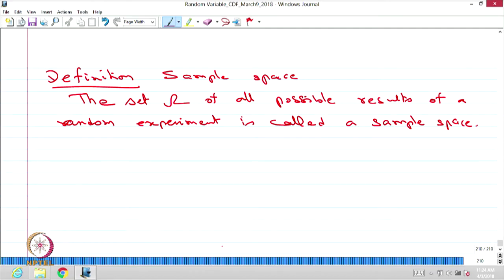The sample space is nothing but the collection of all possible results or outcomes of a random experiment.